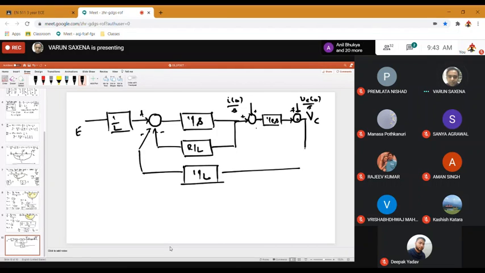This quantity goes here, and let's make it here, and this quantity becomes here. So this is the block diagram.